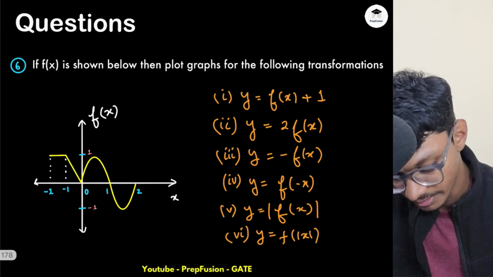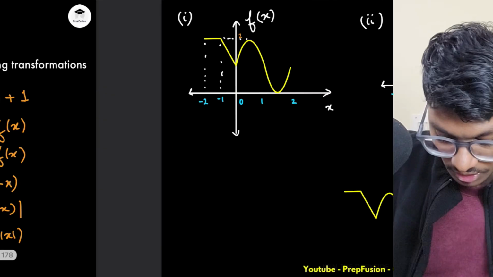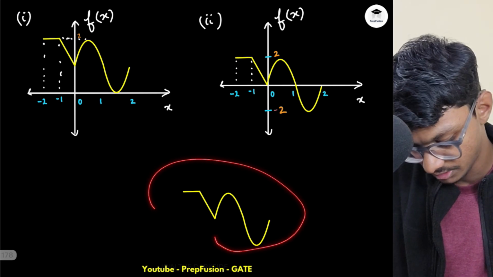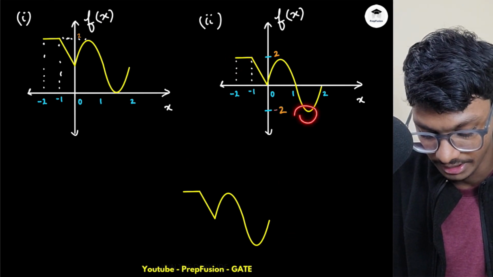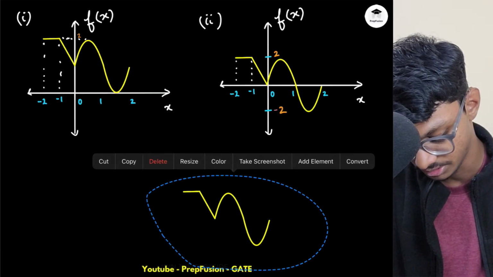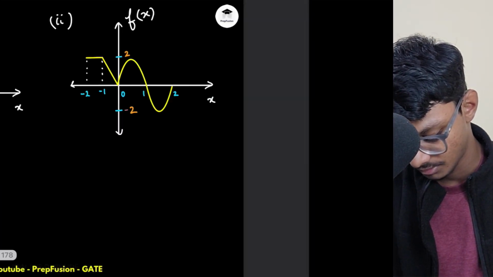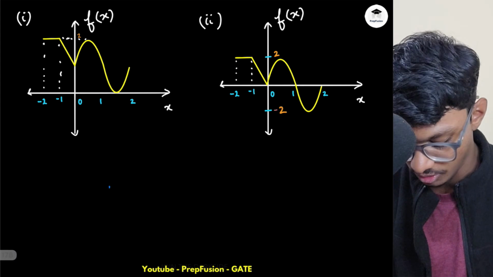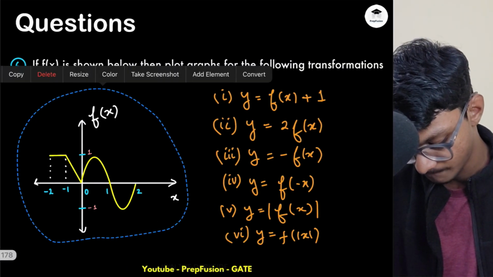Then next, I'm multiplying minus 1 with this. If I multiply minus 1 with this, whatever was positive here will become negative, and whatever was negative will become positive. Let me cut and copy this in the next page.